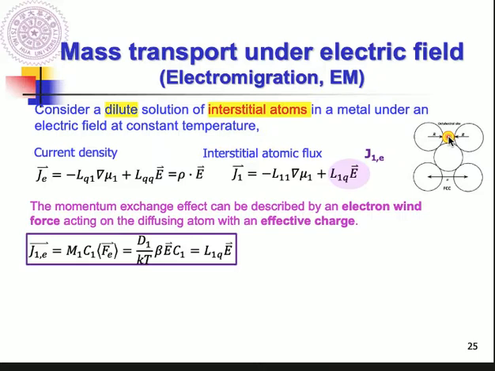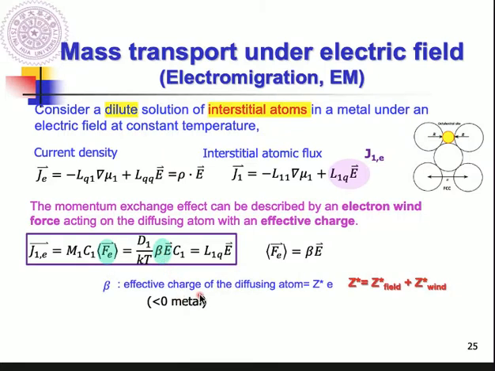Why do these interstitial atoms move through this material? It is due to the electron bombardment or electron flow, right? So we use beta E to represent the driving force, and beta, people call it the effective charge of the diffusing atom.